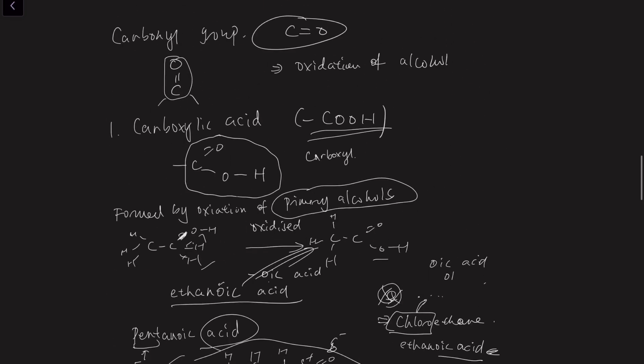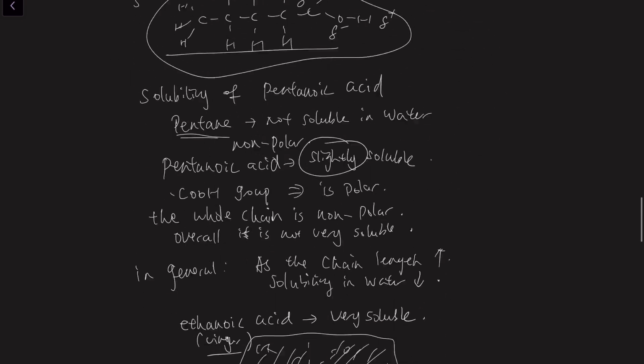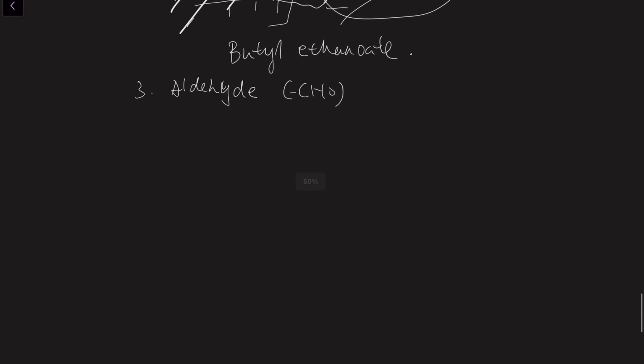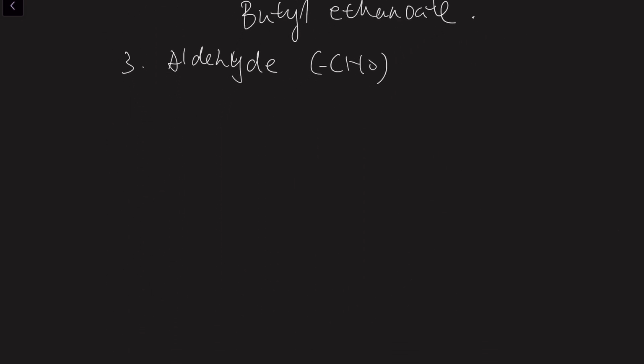The third functional group is aldehyde, or the CHO group. It all has something to do with the carbonyl group, the C=O double bond. It is also formed by oxidation.